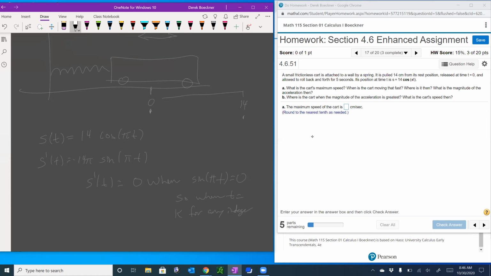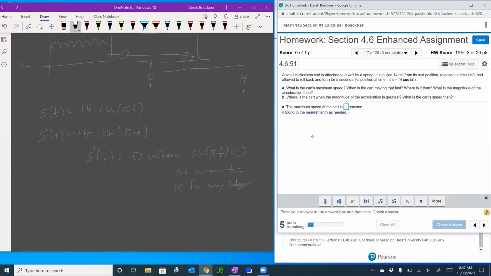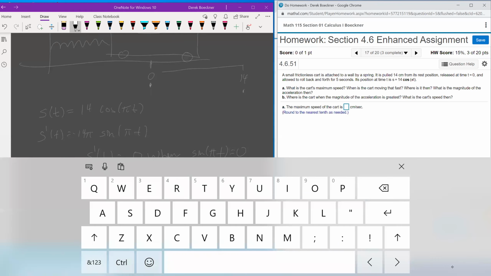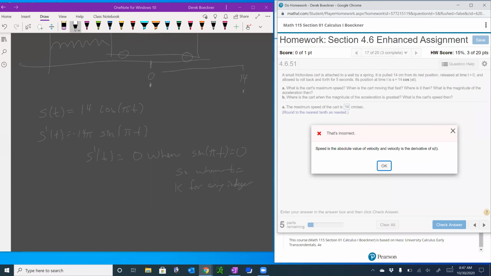What is that maximum speed? If I put an integer into the cosine function, I will get 1. The cosine is 1 when the sine is 0, so it'll be 14. That's not right. Oh, 14 pi.